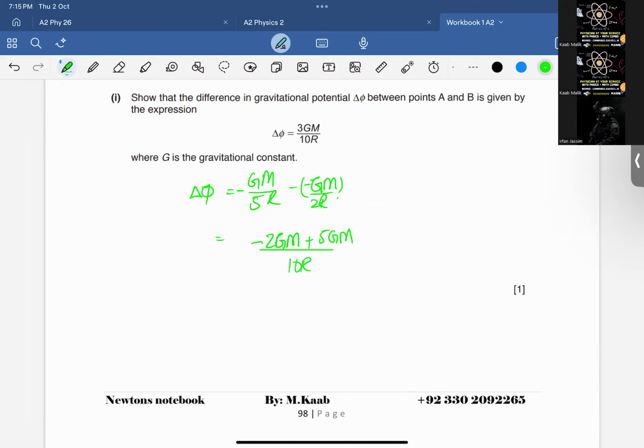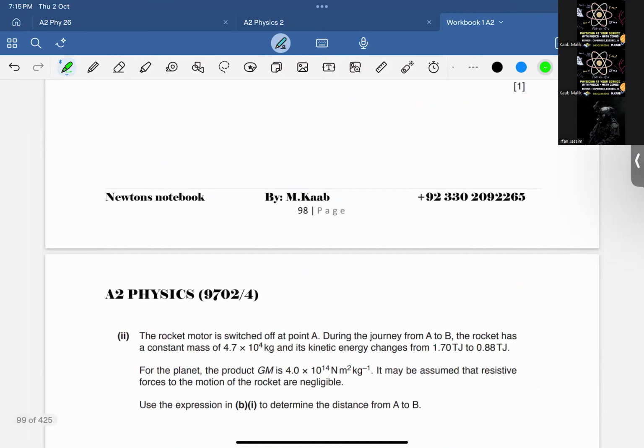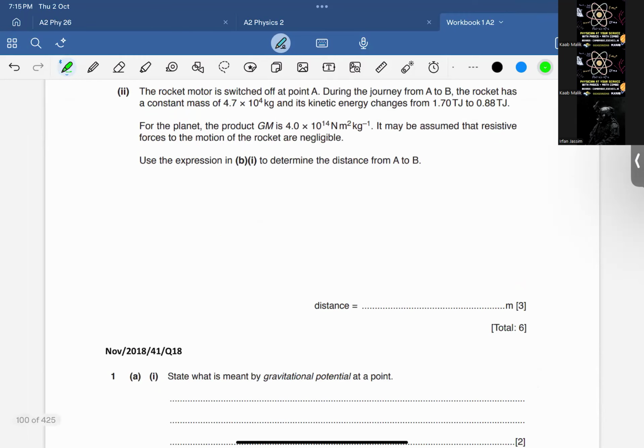So this is the value. So you can find out the change in gravitational potential between those points. How much? 3GM over 10r, right? Okay, let's move on to this one.